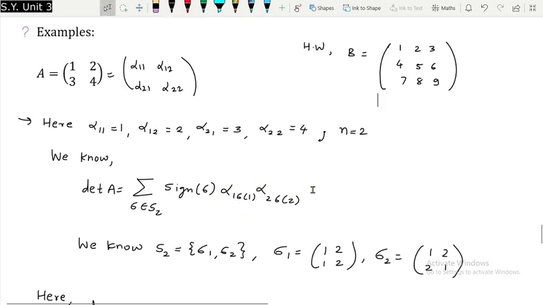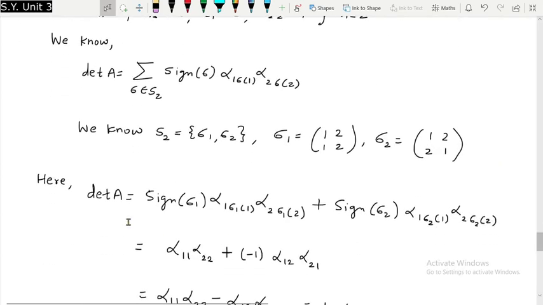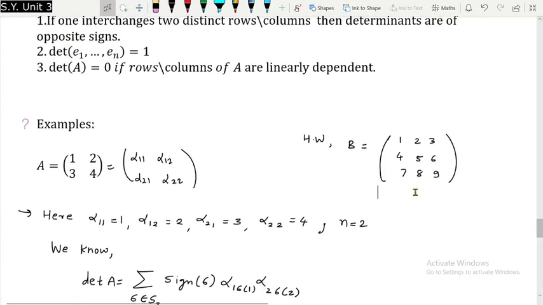One more will be there, alpha 3 sigma 3, and the summation is going to contain 6 terms, sigma 1, sigma 2 up to sigma 6. So you should know all the signatures. That is the only thing. The rest of the things are easy. So you can do it.